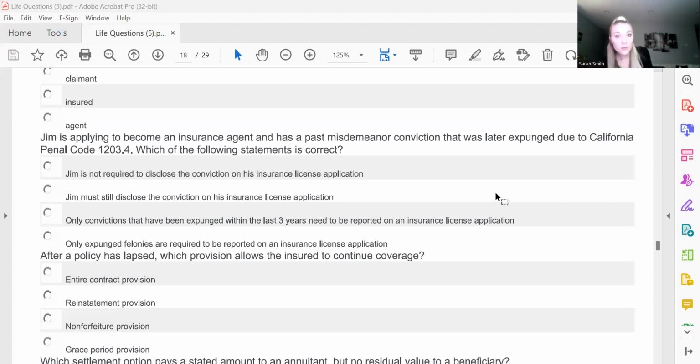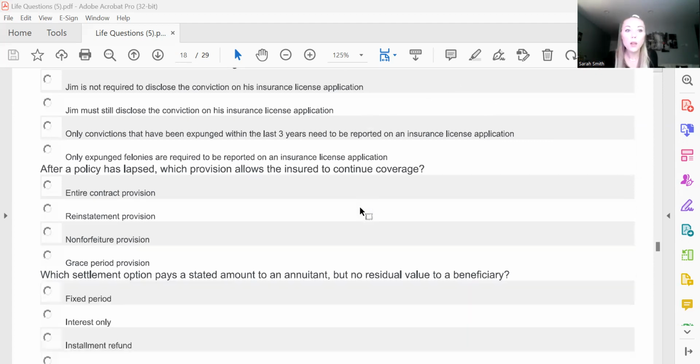All right, last one. After a policy has lapsed, which provision allows the insured to continue coverage? Now, this is after the policy has already lapsed. This is not going to be grace period. This one's going to be reinstatement.